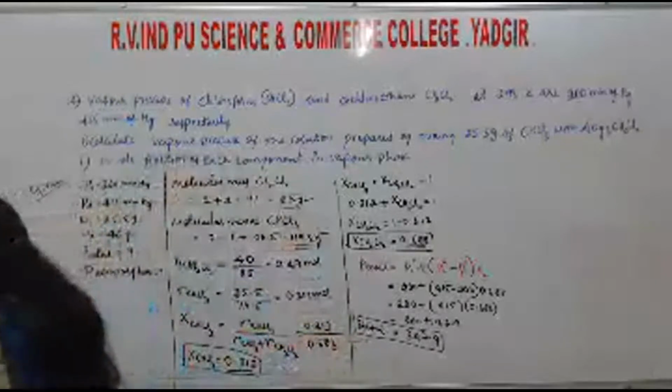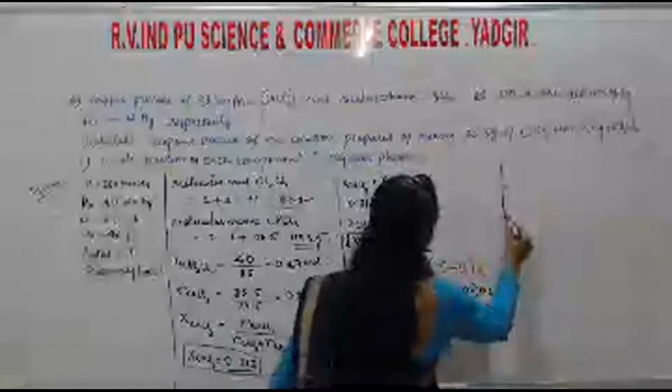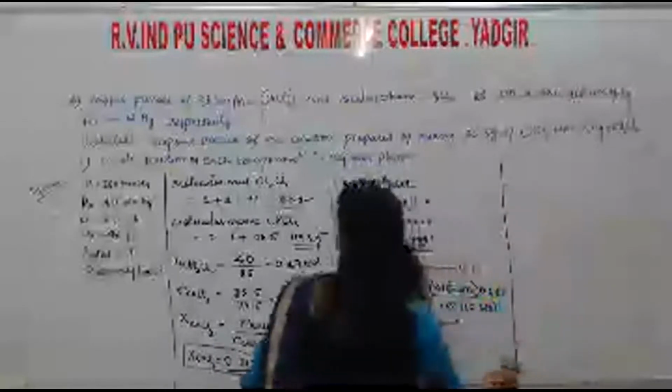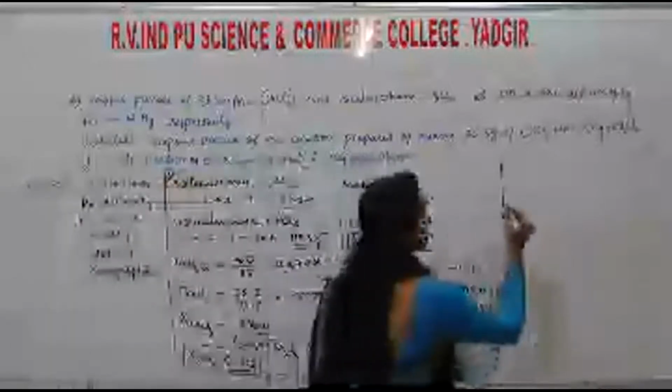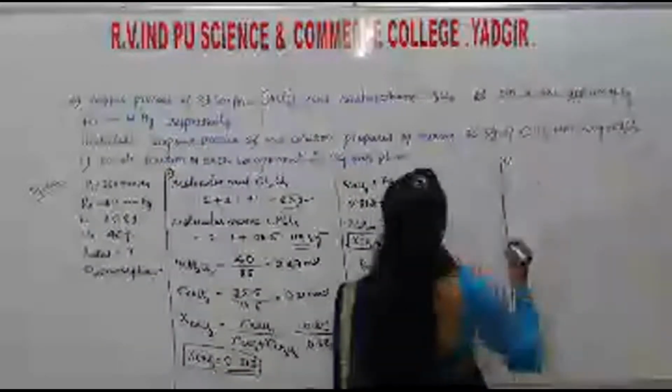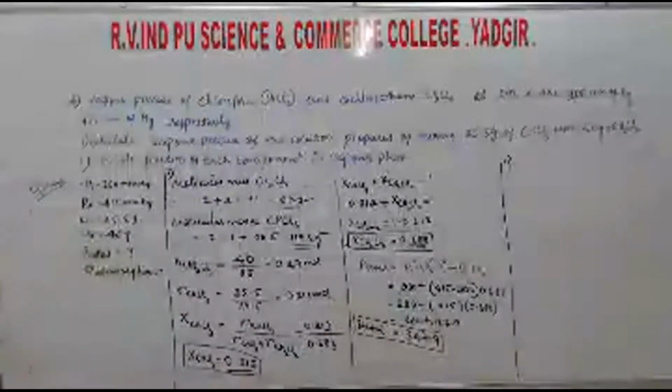Okay, students, the formula for this is for the second one. What have they given? The mole fraction of each component in the vapor phase.